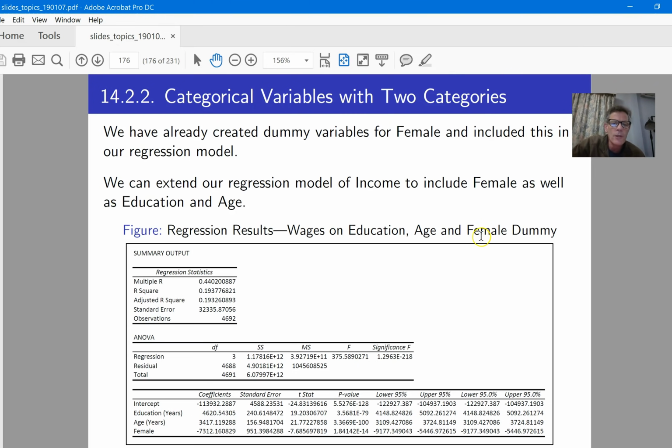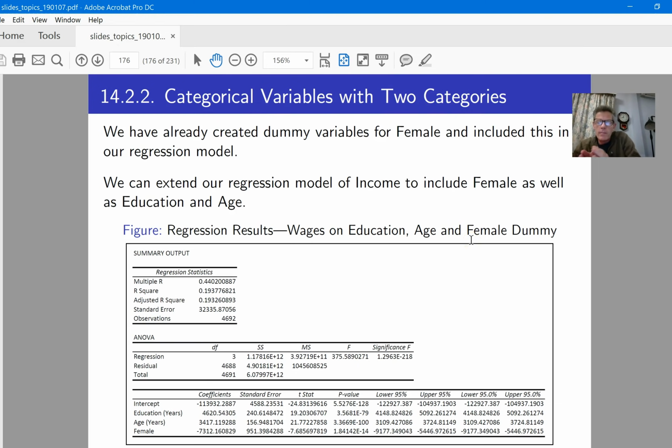So what we do to do that is quite straightforward. We just construct a dummy variable, which is a variable which equals 0 or 1. In this case, it's a female dummy variable, so that means it's 0 if you're not a female, and 1 if you are a female. And I think in previous videos we've constructed variables like this. This kind of variable is what's called a categorical variable.